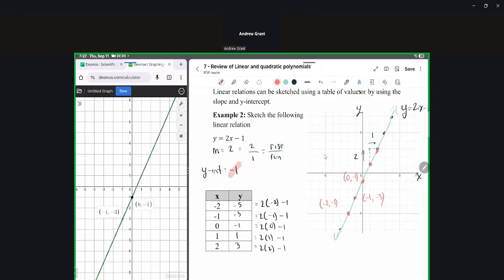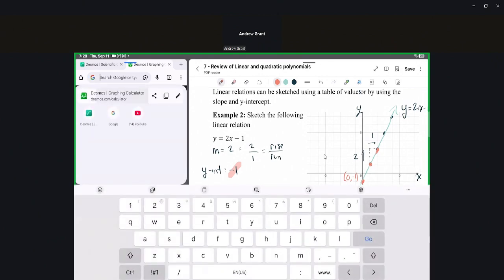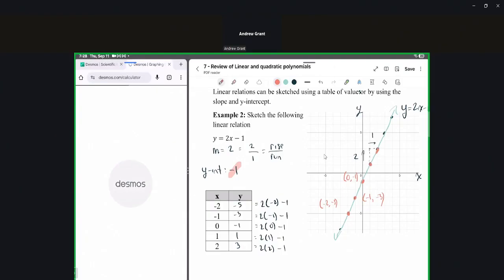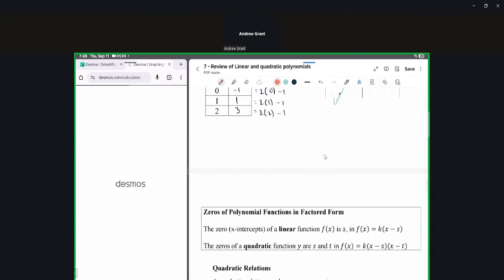Down here we could see this is the point -1, -3, and so forth. Okay, I'm just refreshing because I got rid of some settings that I actually like in there.